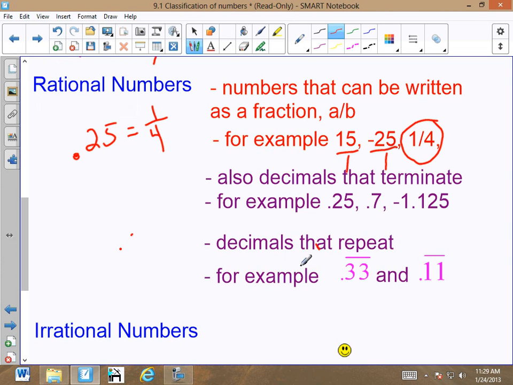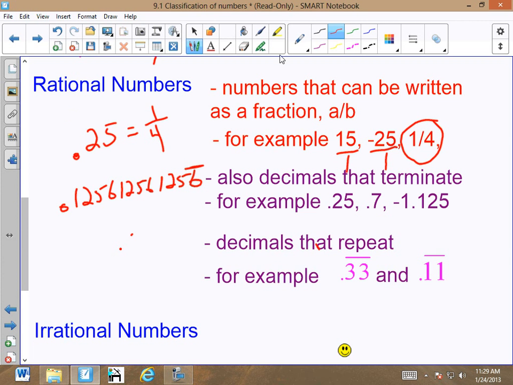Okay, so rational are decimals that terminate, or decimals that repeat. They have a pattern. So 0.1256, 1256, 1256. That is a repeating decimal. It has a pattern. So it's rational.